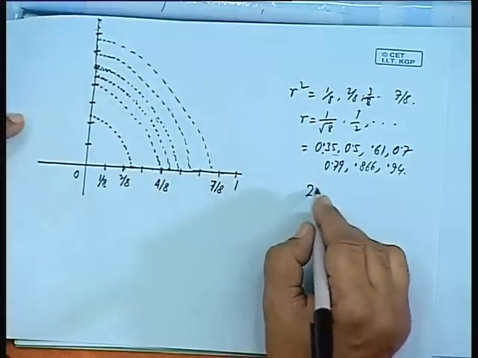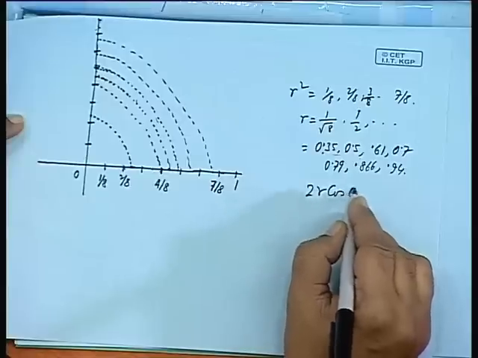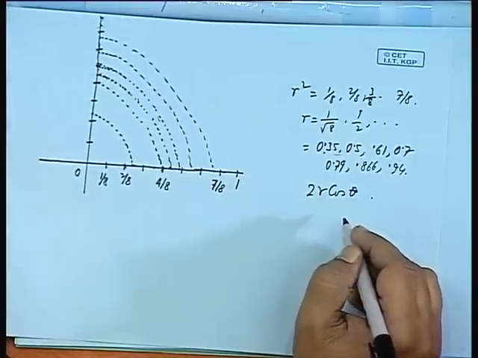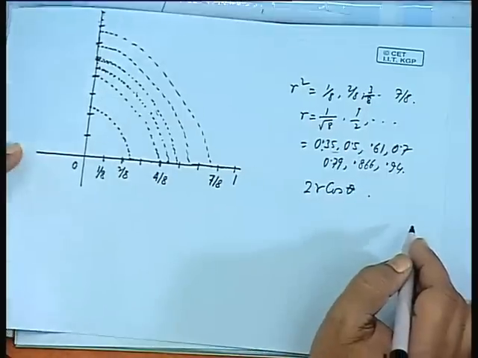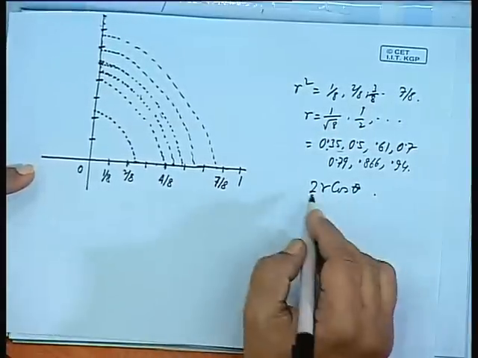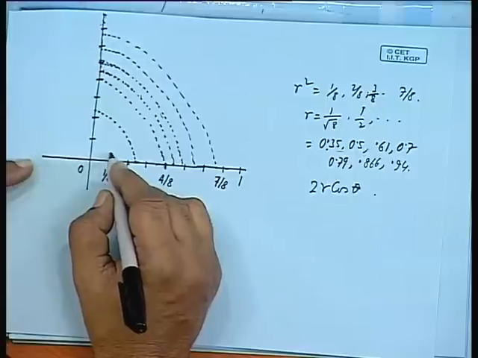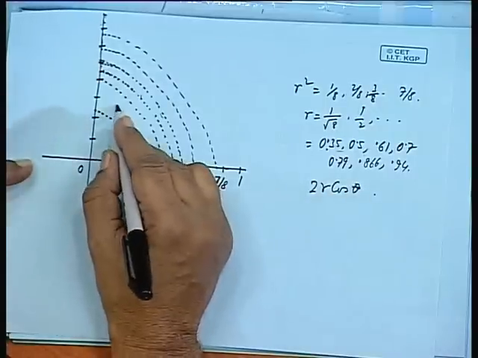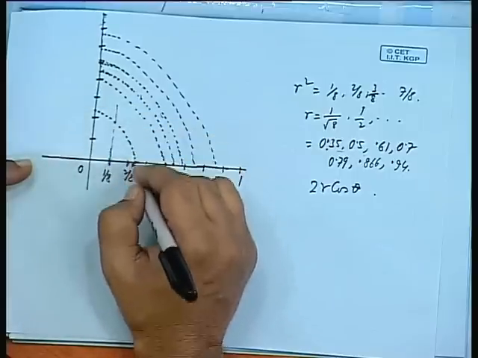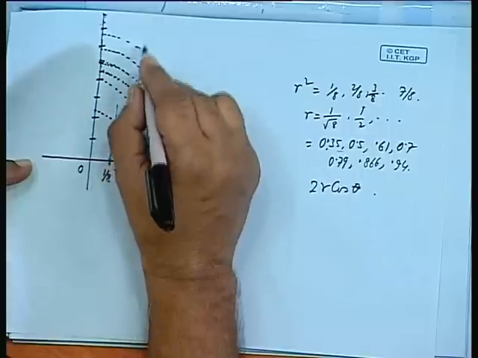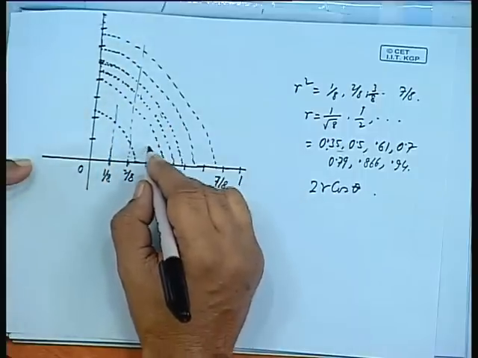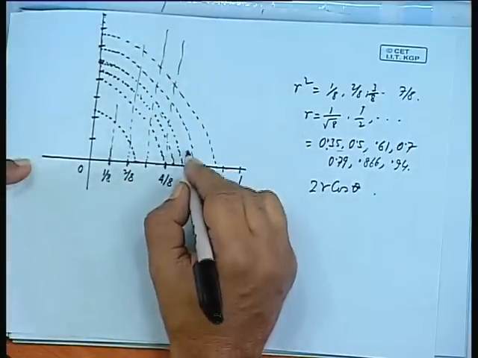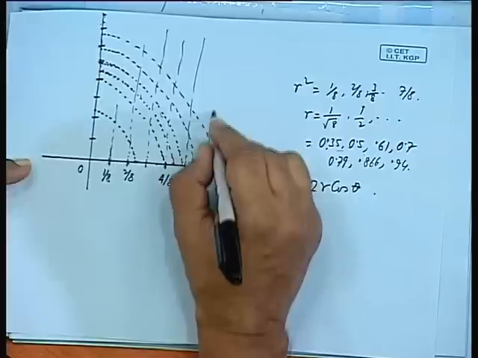Then what will be the quantization of 2r cosine theta? 2 is a multiplier, of course, so I can take even r cosine theta. They will be just 1 by 8, 2 by 8, 3 by 8, and so on, 5 by 8, 6 by 8, 7 by 8.